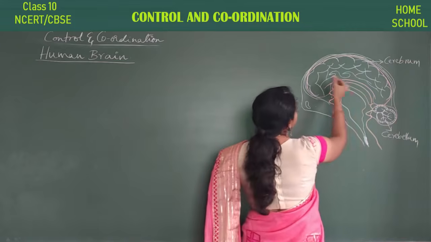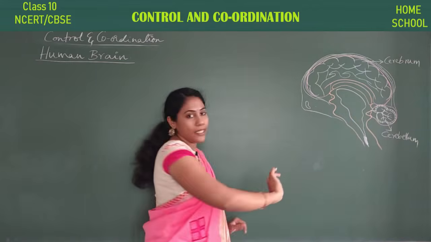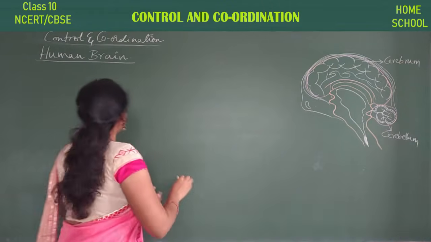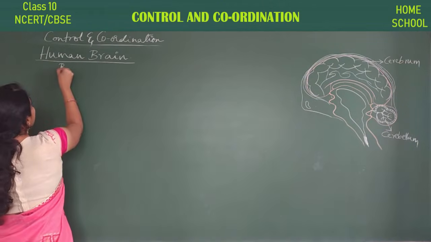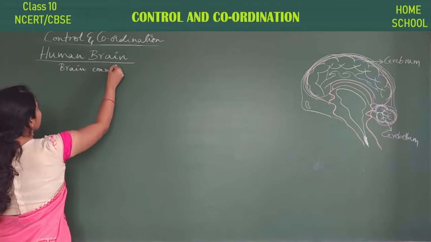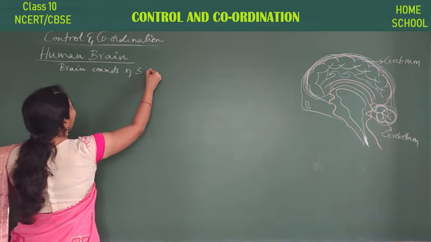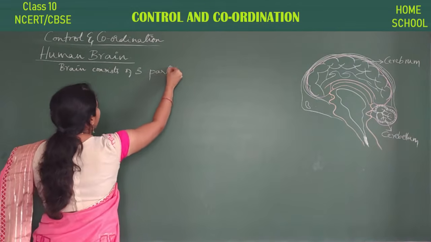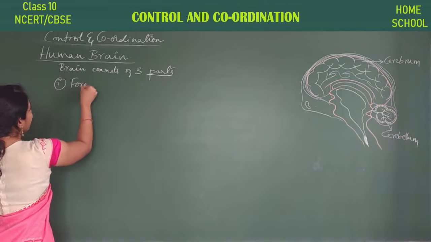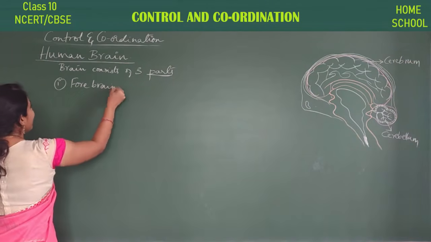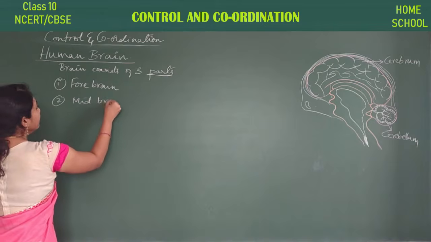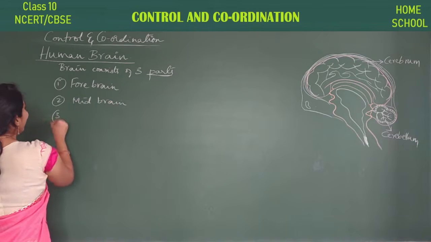Okay, and now you know, this part, actually speaking, brain is divided into three parts. Okay, let me first tell you the parts. Brain, human brain consists of three parts. Okay, first one is forebrain. Forebrain. Second one, midbrain. And finally, hindbrain.